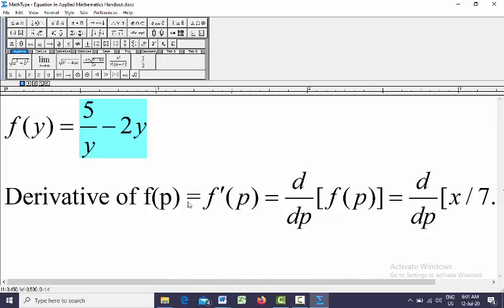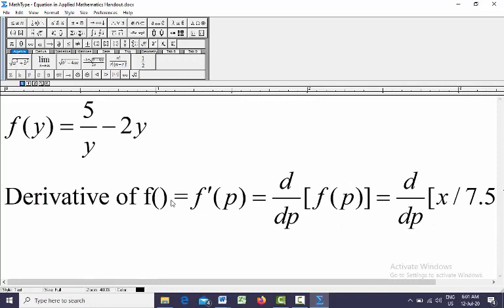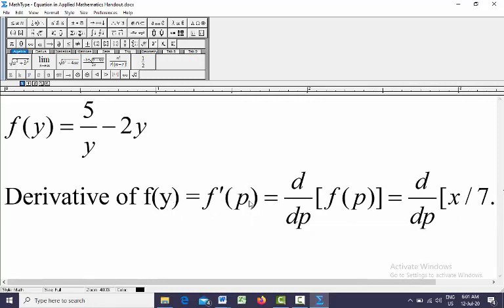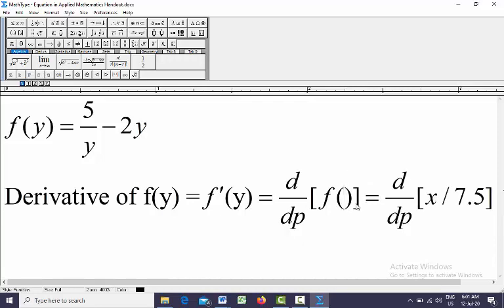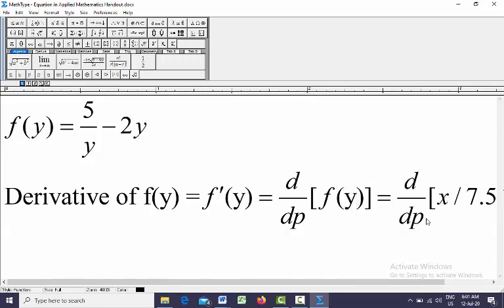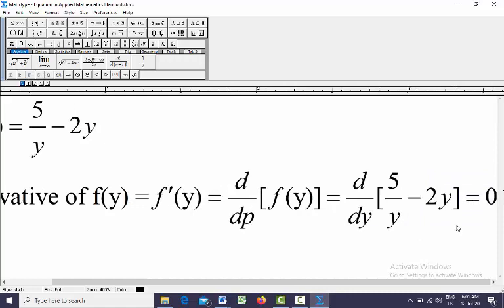So here the variable is y, and the function is this one.